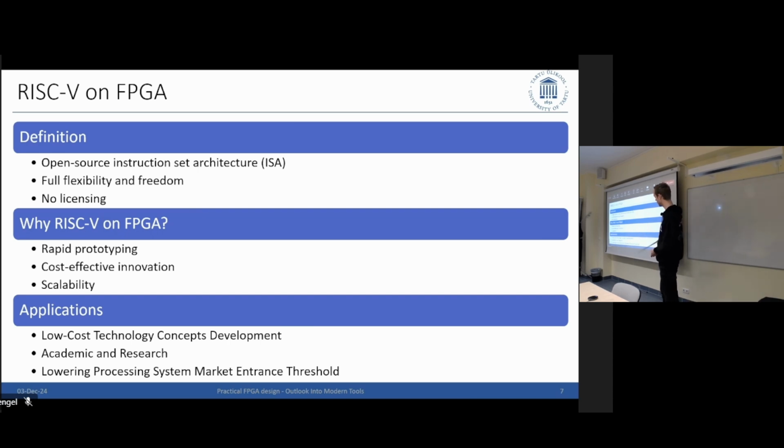And of course, the processing system market, that's what I'm going to call it now, everything in the chip market is expensive. Something like this lowers the entrance threshold to get into this market, so you can afford to get into those markets more easily.